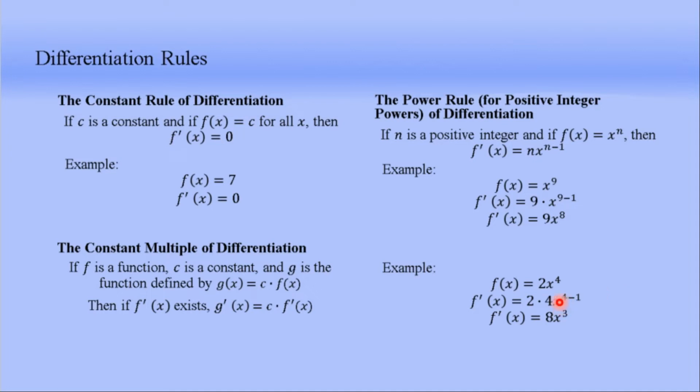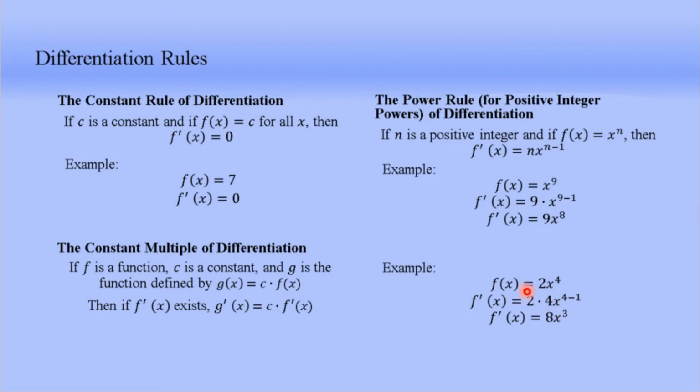And so that is to bring 4 here as a constant, and then minus 1 from 4. So 4 times x raised to 4 minus 1. And so we're going to multiply 2 times 4, so that is 8, and then 4 minus 1 is 3. And so the derivative of 2x to the 4th power is 8x cubed.